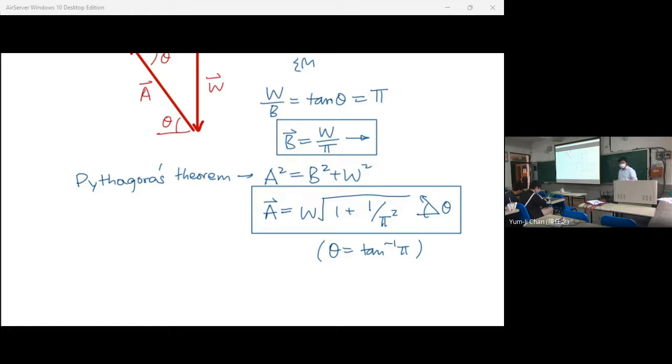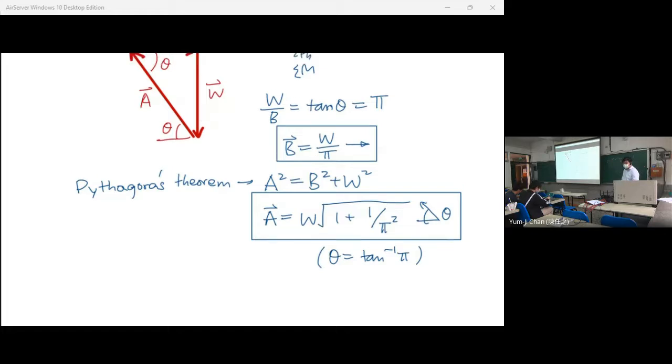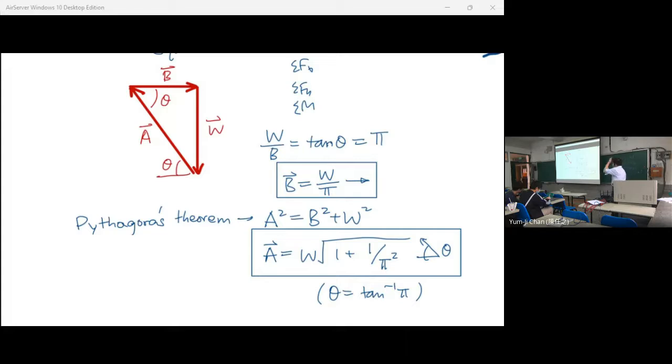Any questions about this example? Because we have only three forces here, we draw a triangle here, and these are quite easy to do, right?